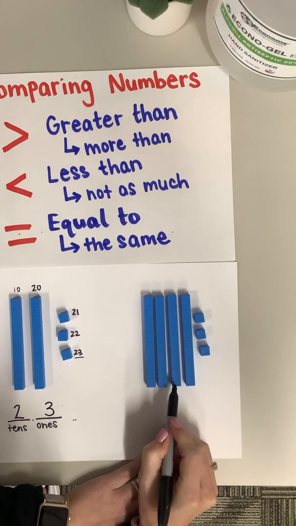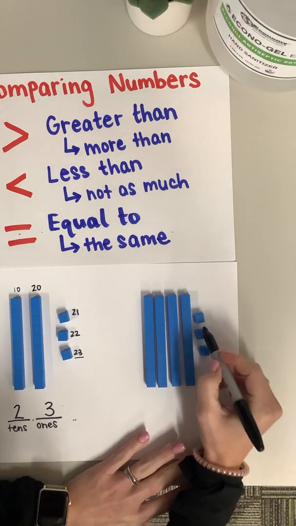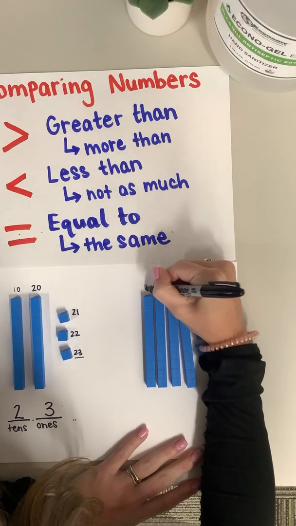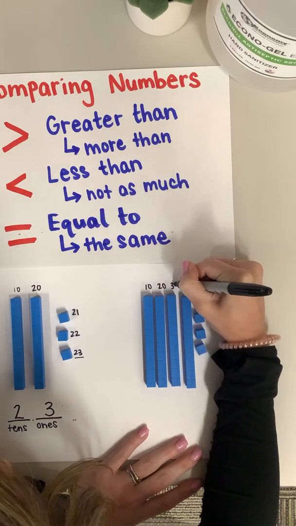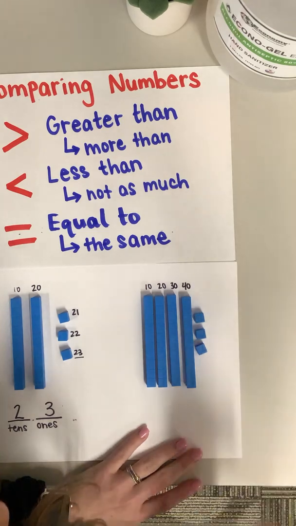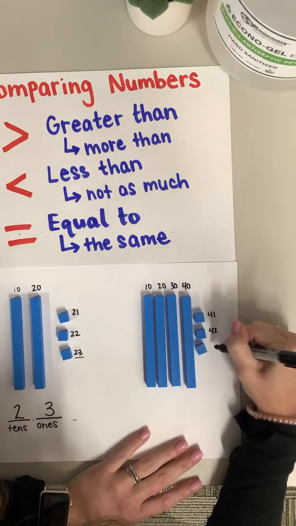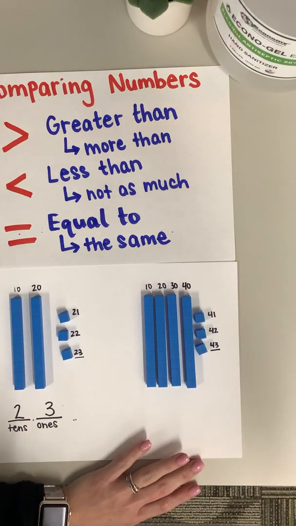We need to skip count by tens to figure out how many tens cubes, and then we need to add on our ones. Ready? 10, 20, 30, 40. 41, 42, 43. That's our number.